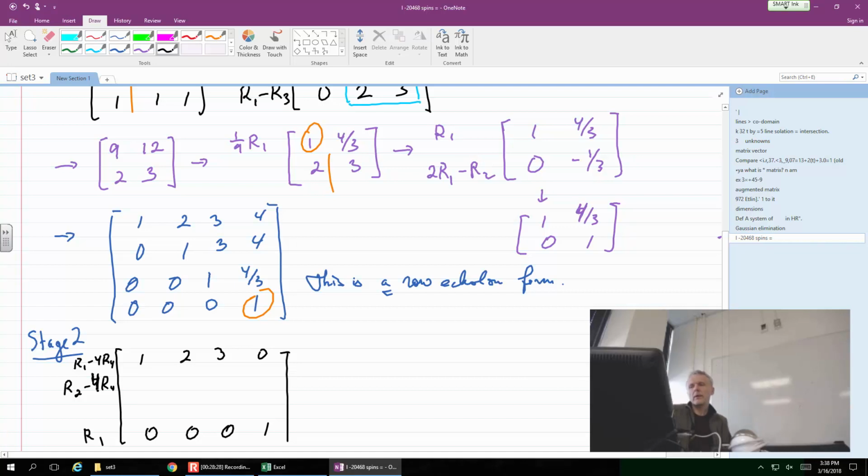And so I'll have 0 1 3 0. Why? Because the last row has only one nonzero entry, so it will not affect the rest of the entries other than the very last one. So similarly here I have R3 minus 4/3 R4, and so 0 0 1 0.